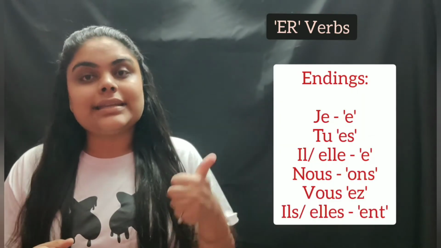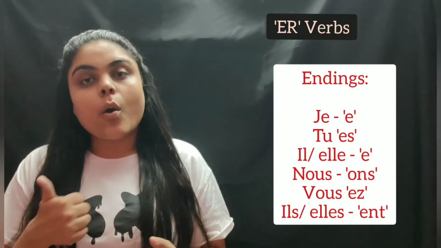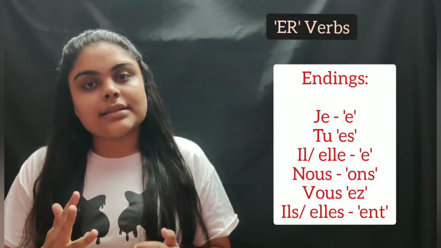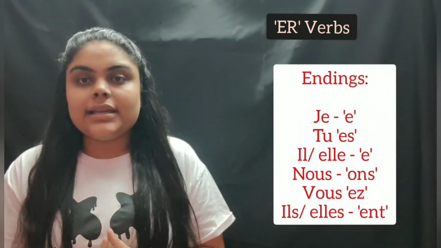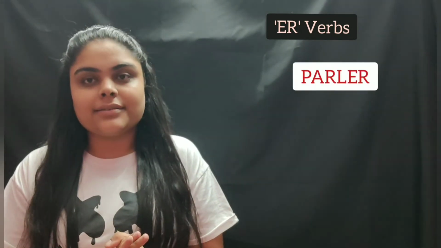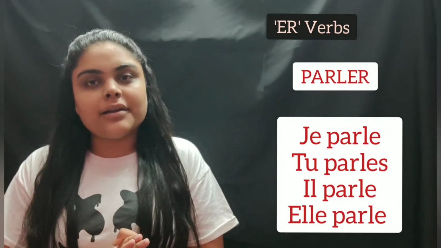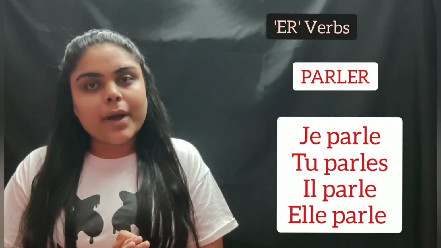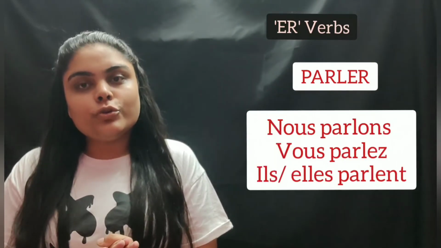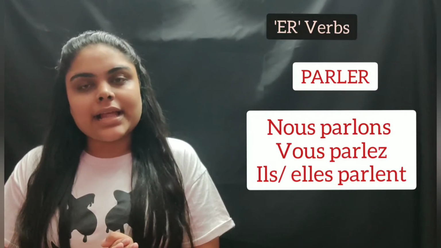So the endings are E, ES, E, ONS, EZ, ENT. After adding all these endings, this is how the conjugation of the ER verb parler looks: je parle, tu parles, il parle, elle parle, nous parlons, vous parlez, ils parlent.